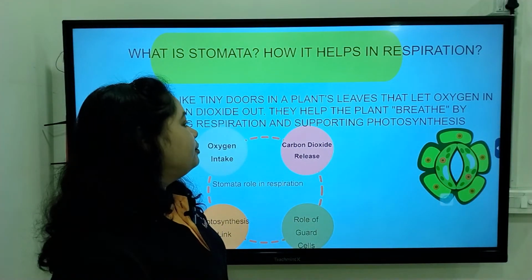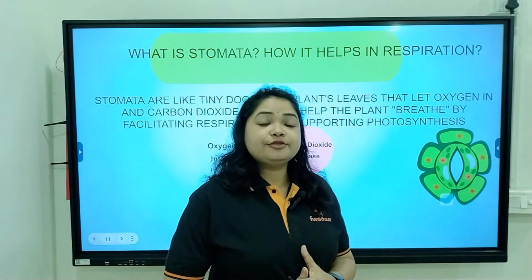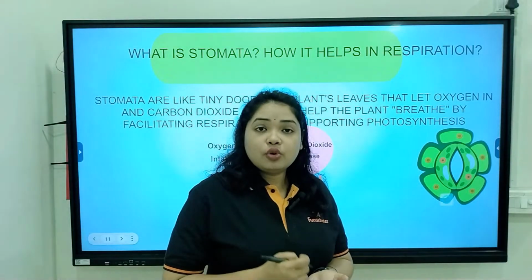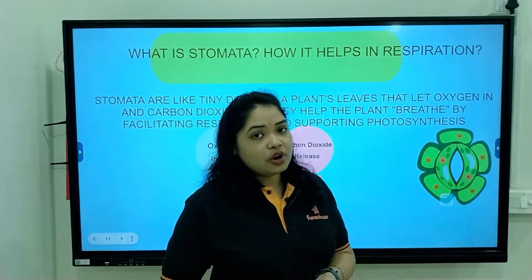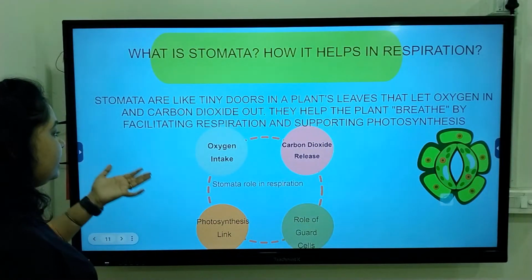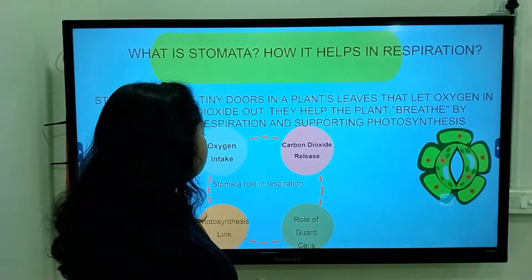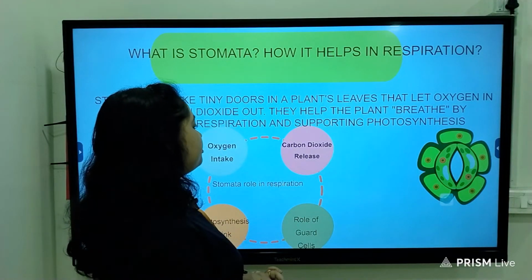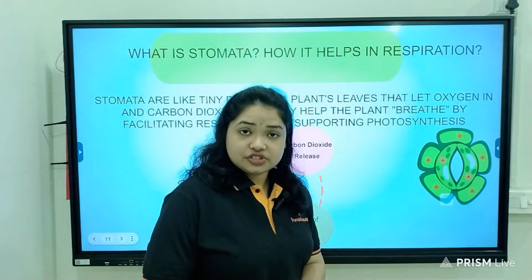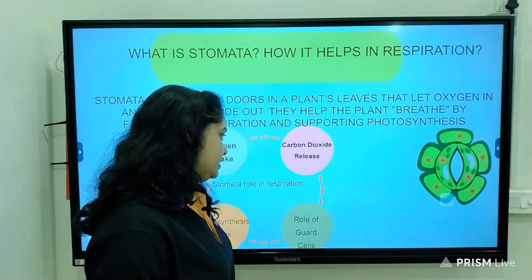This energy is then utilized for supporting various life processes of plants like photosynthesis, respiration, growth, reproduction, and so on. You can see that stomata play an important role in the respiration of plants because they help in getting in the oxygen and giving out the carbon dioxide.